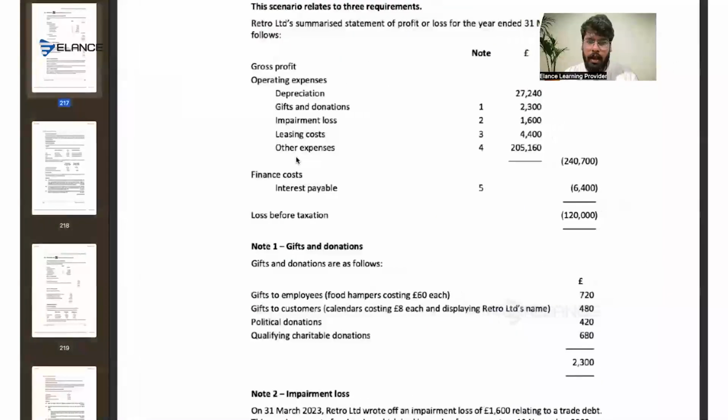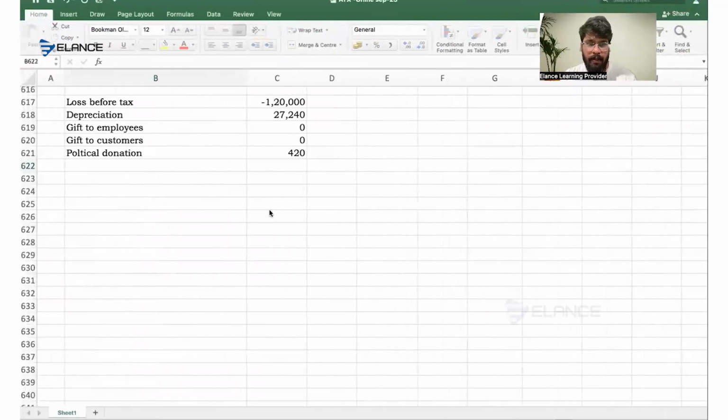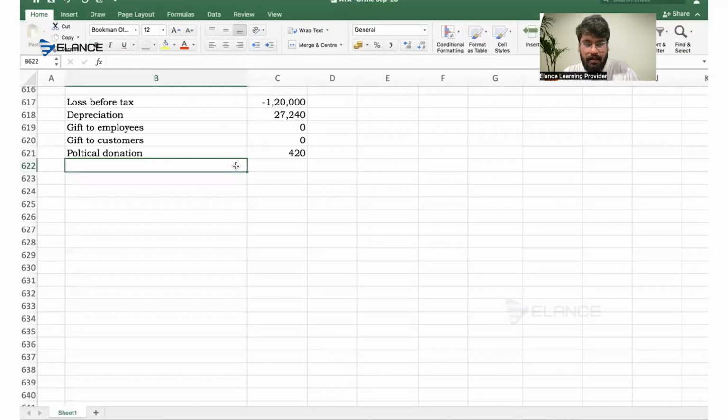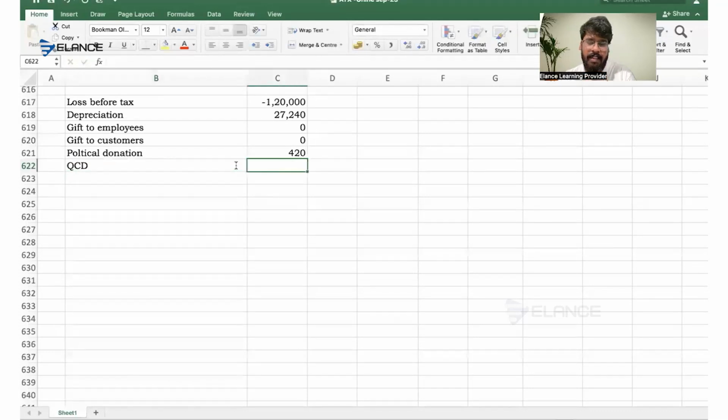Political donation and QCD, qualifying charitable donation, 680. Should we add this back to the loss before taxation? Yes.